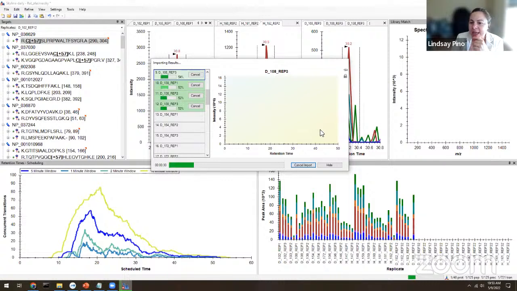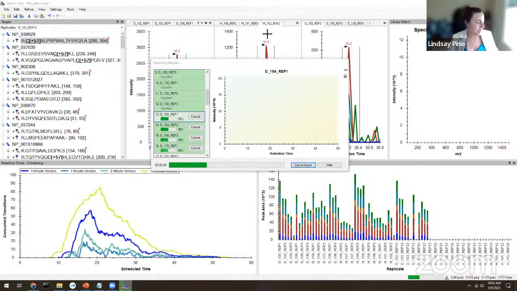So if you're doing DIA, probably you would not choose to import everything across the full retention time, but maybe you are. This data is not DIA or DDA data. This data is SRM. So this is a targeted experiment.